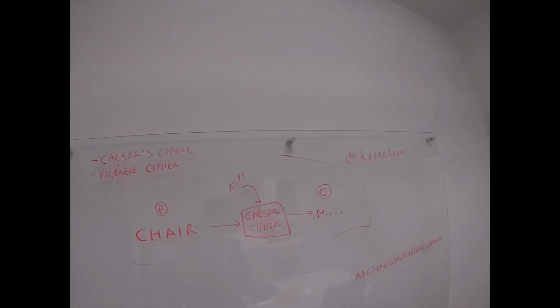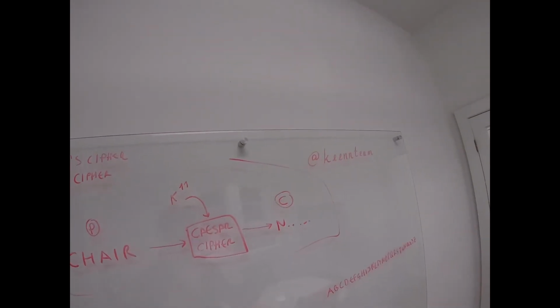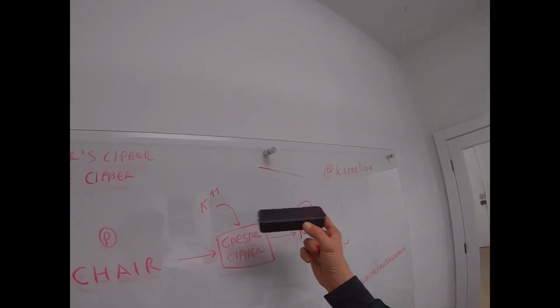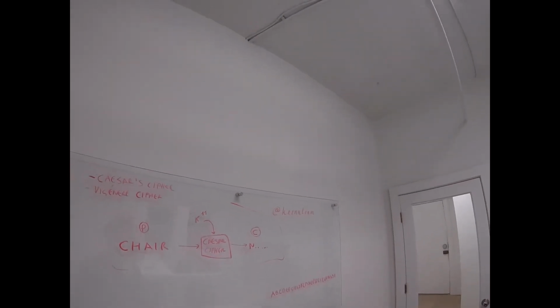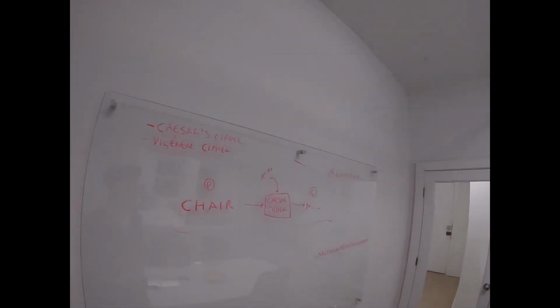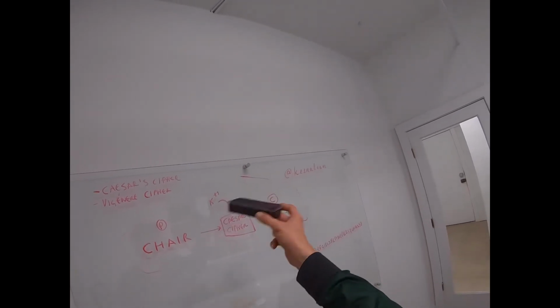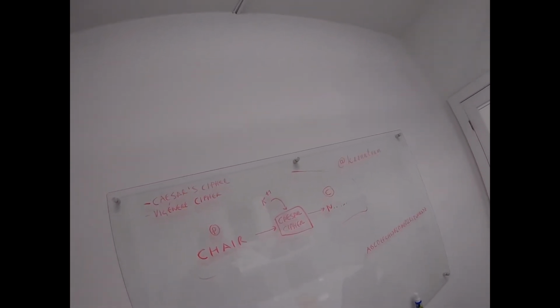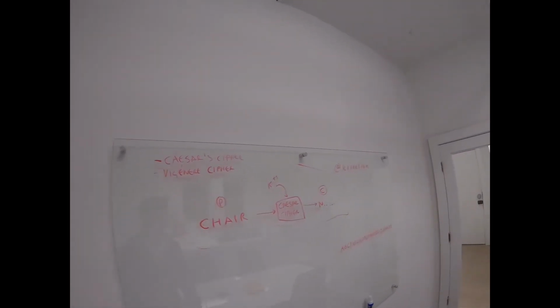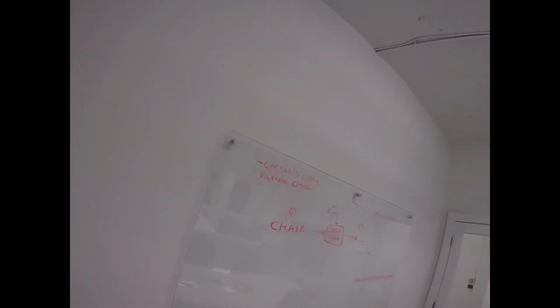This means that the person who receives this message needs to know the key, the number 11, to shift it 11 times. If not, they won't be able to trace back the letters. So this is Caesar cipher, the very first and basic encryption algorithm.